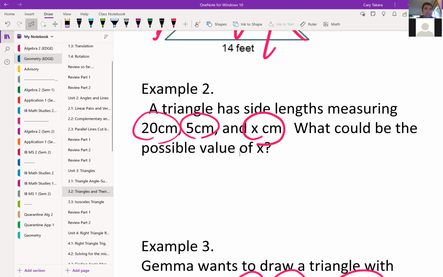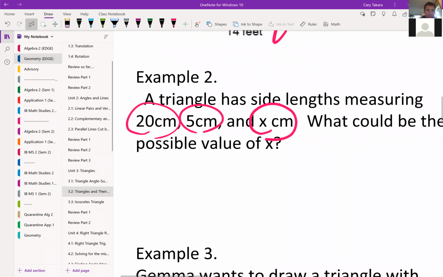So how do you figure it out? Well, it's really simple. You've got two numbers provided, right? 20 and 5. To figure out the ceiling, the highest possible value that it has to be less than, you just add the two numbers. 20 plus 5 is 25.